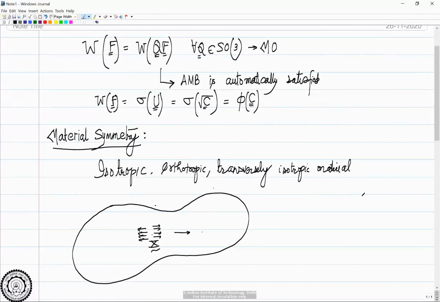Say if this is the X direction, so you apply epsilon xx, which induces sigma xx, isn't it?